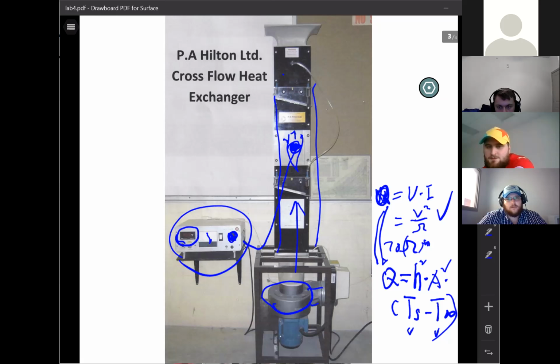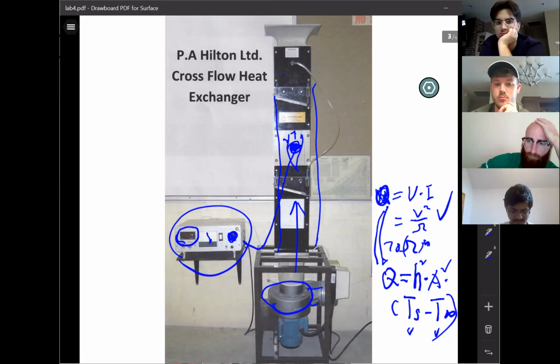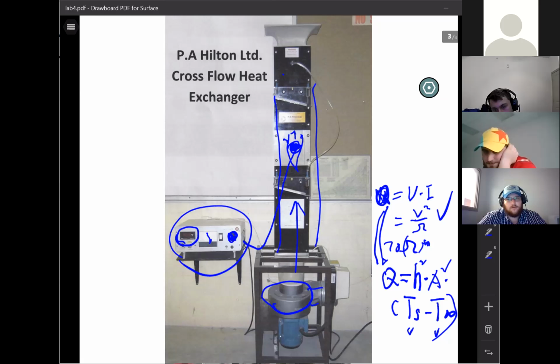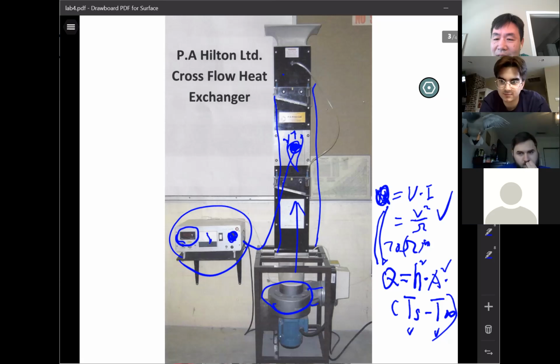If the wind is stronger, is your H bigger or H smaller? Bigger, of course. Yes, you're right.